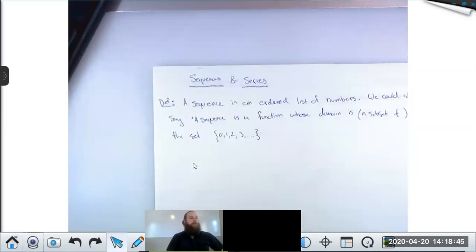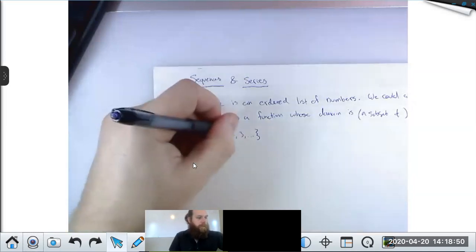So it's a function whose inputs are only allowed to be positive whole numbers or non-negative whole numbers.